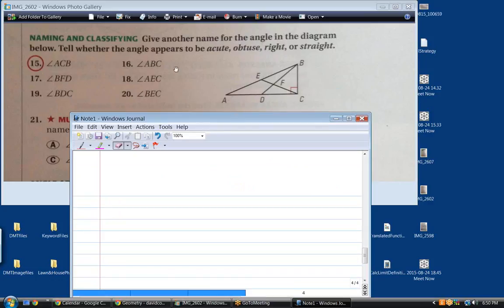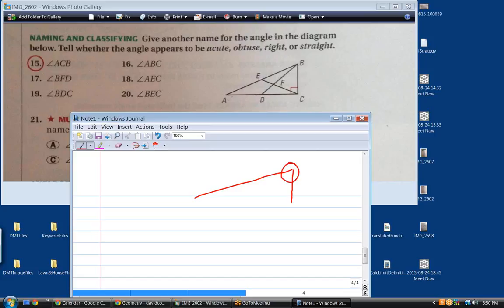Okay, what about angle ABC? You just have to identify it. You don't have to measure it. Wouldn't that still be a right angle? Well, could I draw? We're talking this angle right there.